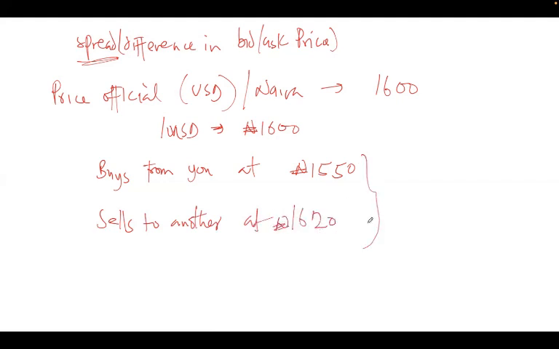If you check the difference between these two prices, it is 70 Naira. That becomes his profit. So in Forex markets, the spread is actually the broker's profit. That is what is going to keep the broker in the market.